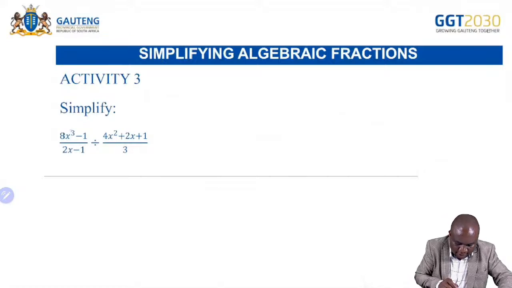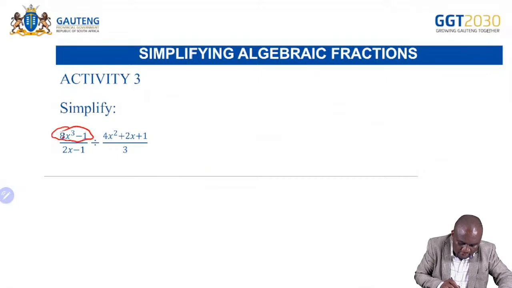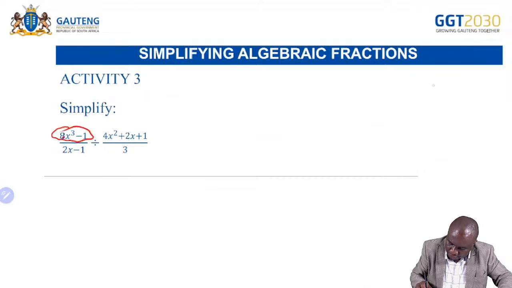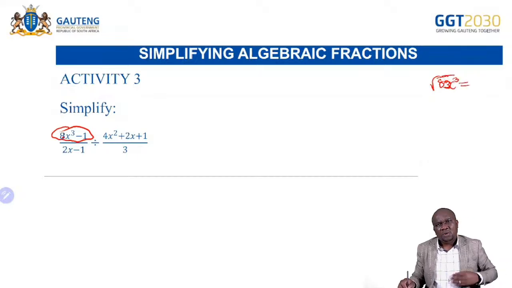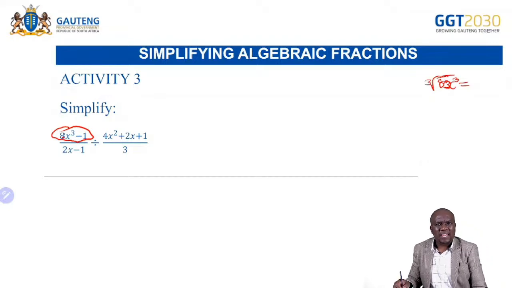We have 8 is a cube number. 2 cubed is what? It is 8, isn't it? So we can say 2 cubed x cubed. What is the cube root of 8x cubed? 8 is 2 cubed, remember?